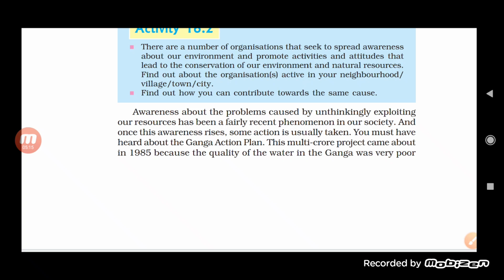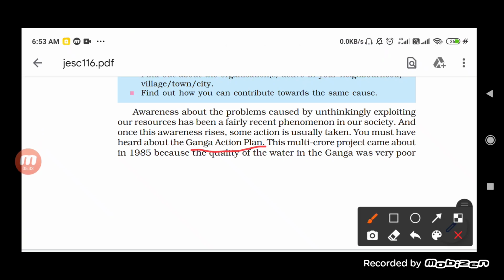So there is a need for a lot of awareness, and this awareness rises only when some action is taken. Okay, and we heard about a plan, the Ganga Action Plan, students. Why is there a need for a Ganga Action Plan?